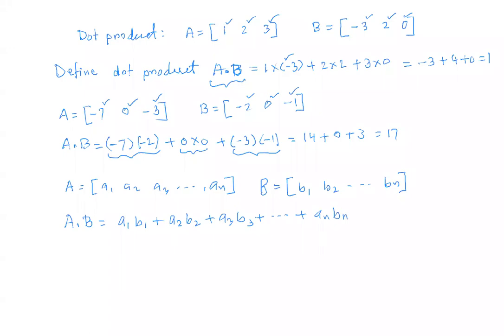So that's the general notation. And this n is the number of elements that you have in this row matrix.